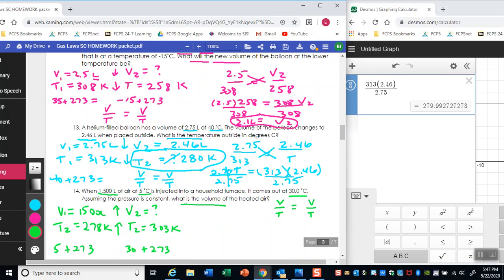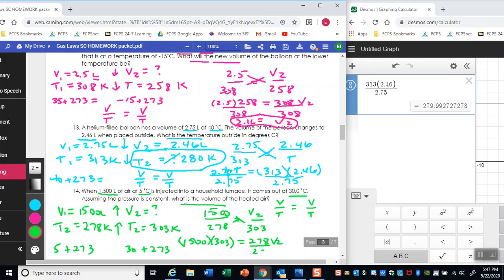I could flip both of them if I wanted to, but I'm going to stick with this. I'm just going to substitute in volume, so 1500 over 278 equals the new volume over 303. And then I'm going to cross multiply, so I get 1500 times 303 equals 278 times the new volume.